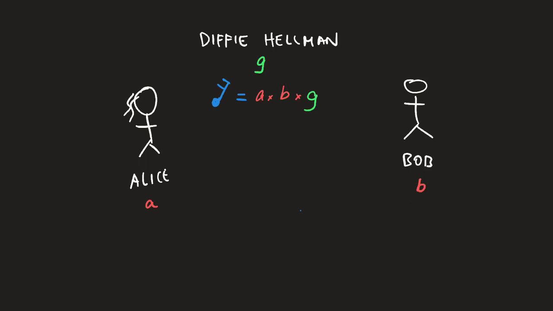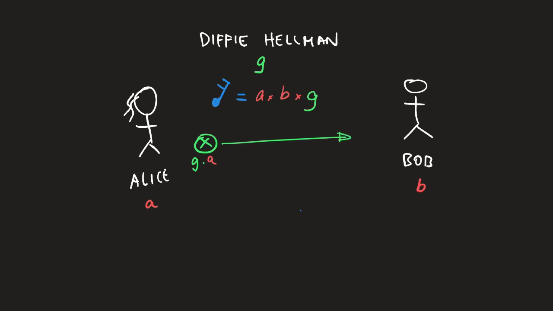And so what we're going to have Alice do is calculate a variable called big X. And big X is basically just G times her secret, A. And she's going to send it over to Bob.